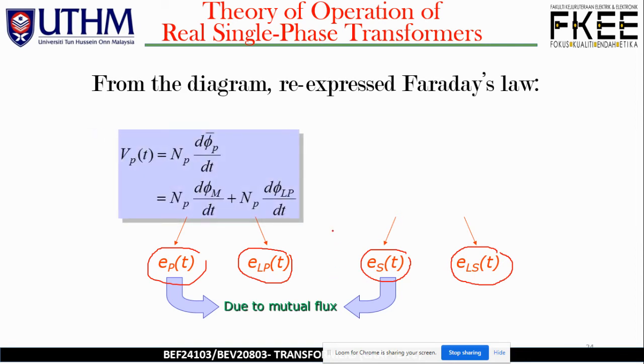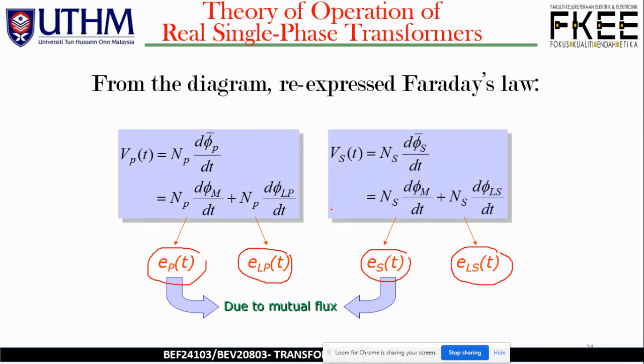This is the equation: we have Vp equals Np d phi p bar over dt. We derive this because phi p consists of mutual flux phi m plus phi Lp, the leakage flux.